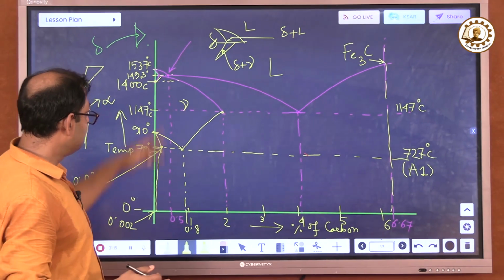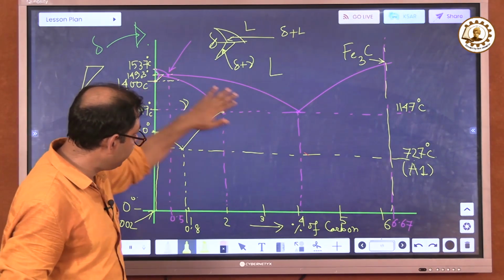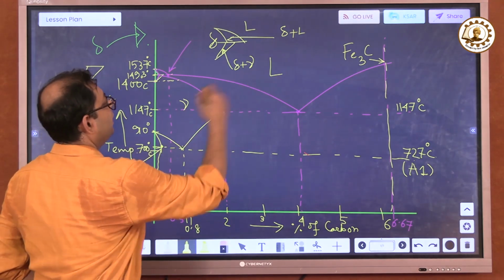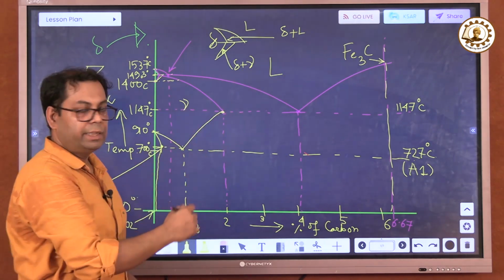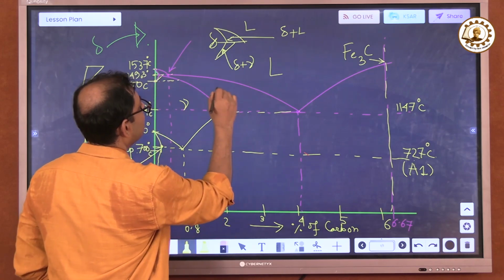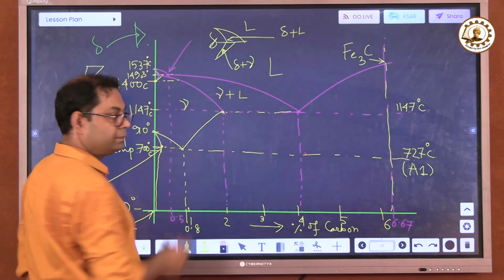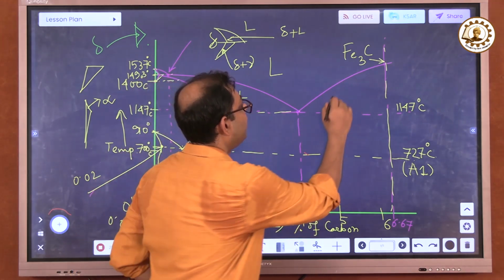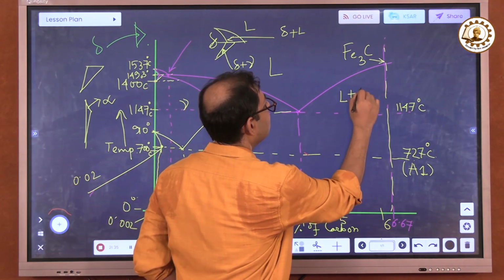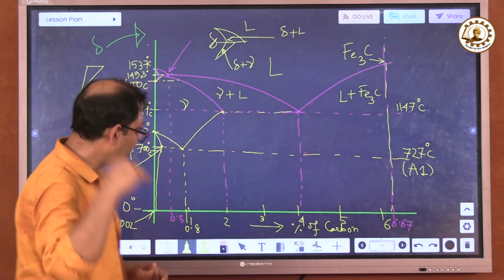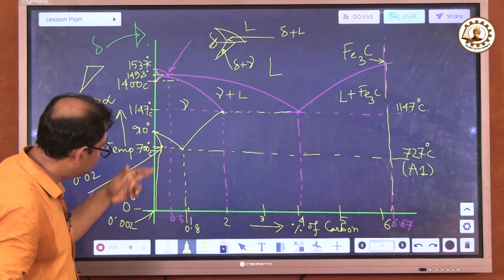Similarly, over here, the entire space which you can see is in between austenite and liquid. So this is gamma plus liquid. What about this one? This one is cementite and liquid, L plus Fe3C.